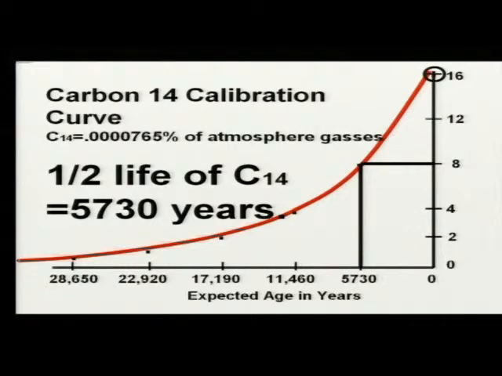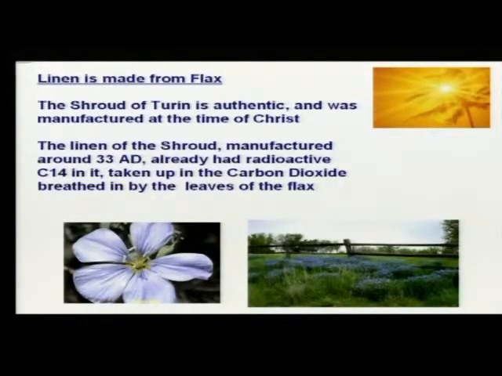In other words, it's not C14 anymore, it's decayed back to nitrogen. If you came back after another 5,730 years, you'll find there's only 4 grams of C14, and so on. And so the theory is that if you know how much C14 is in a piece of material, you can date it. Now, the shroud was made from flax.